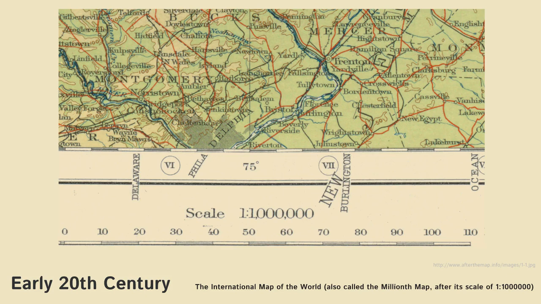And although to our way of thinking, it might be a boring way to understand space, at that point in time there was not a consistent map product available, so it became a big push to actually have that type of product. And of course, the project kind of fell apart because they couldn't get all countries to participate equally in producing the millionth map. But it definitely was a big goal in early 20th century mapping.